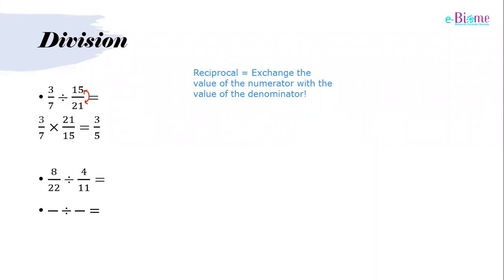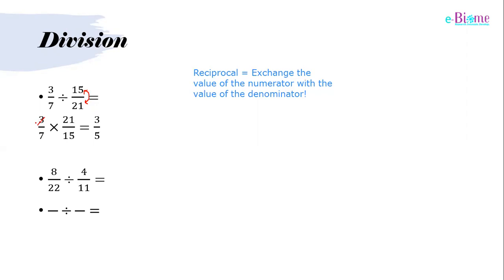I said that for simplification, we look and compare a numerator and a denominator to see if there's a common factor. It can be any denominator that we compare. We look and see, do 3 and 7 have anything in common? No. So 3 and 7 do not have anything in common.